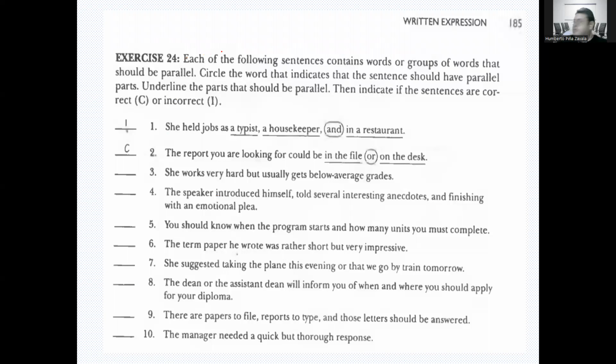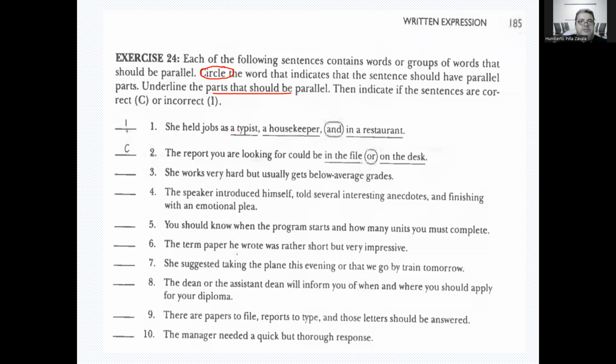It says each of the following sentences contains words or group of words that should be parallel. Circle the word that indicates that the sentence should have parallel parts. Underline the parts that should be parallel. That indicate the sentences are correct or incorrect. Example, she held jobs as a typist, a housekeeper, and in a restaurant.